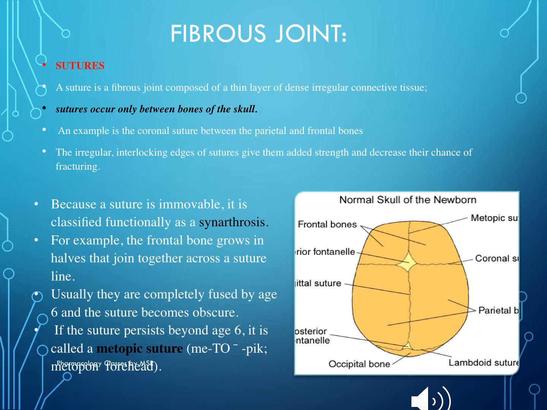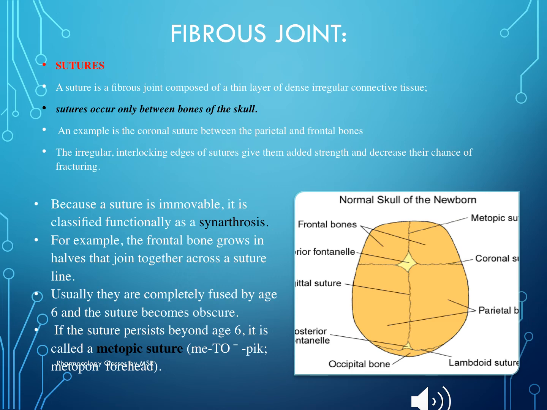The first one is sutures. Where are these sutures present? They are present only between the bones of the skull, and they are made up of a thin layer of irregular connective tissue. Between our cranial bones, the skull bones, we have these sutures which make immovable joints.